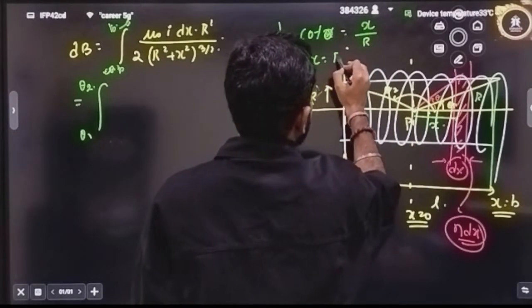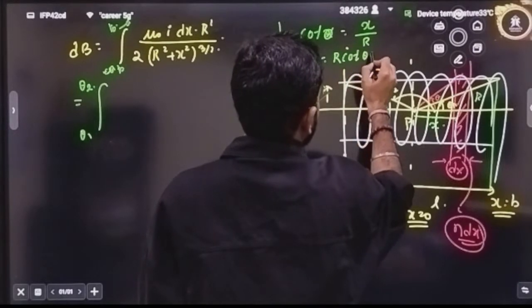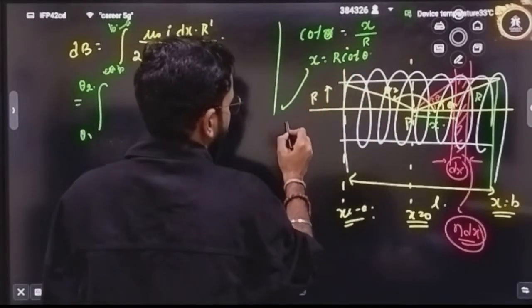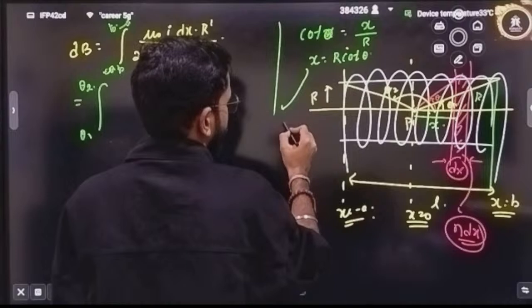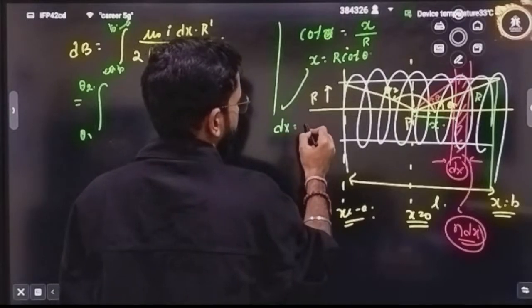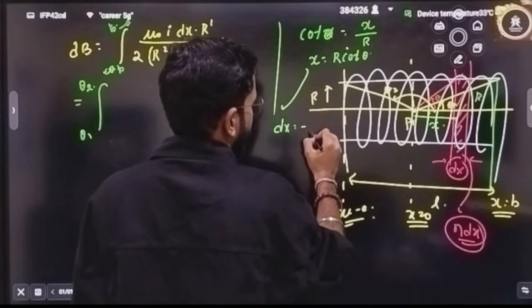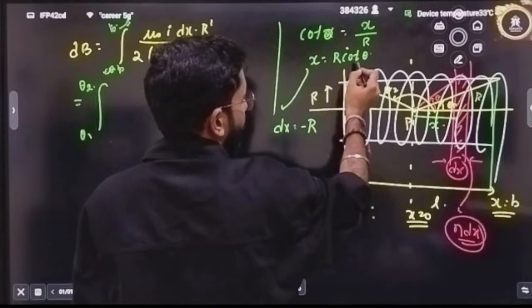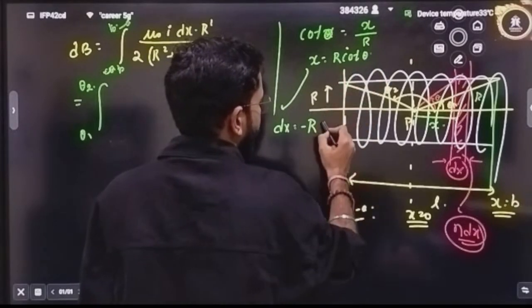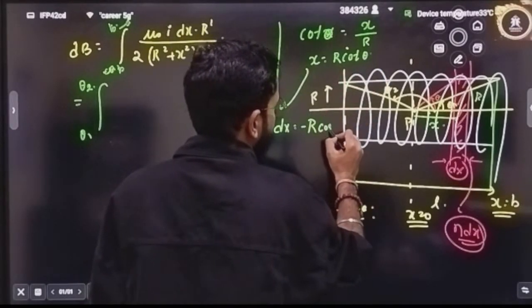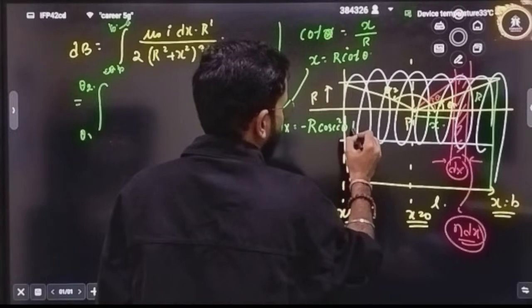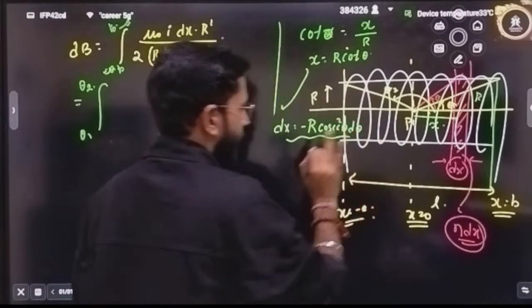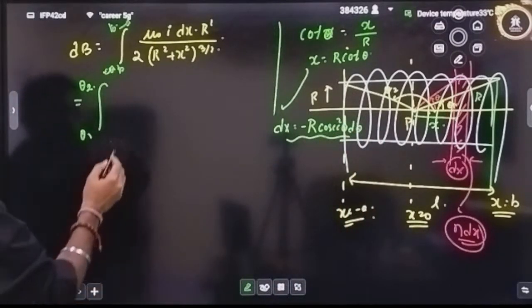So what you can write for x, students? It is equal to r cot theta. And now, because I am going to use a substitution, if I ask you to tell me dx, the differentiation, what will you say? Minus r, the constant, multiplied by the differentiation of cot theta, which is minus cosec square theta d theta. Exactly, this is what we are going to have as a result.